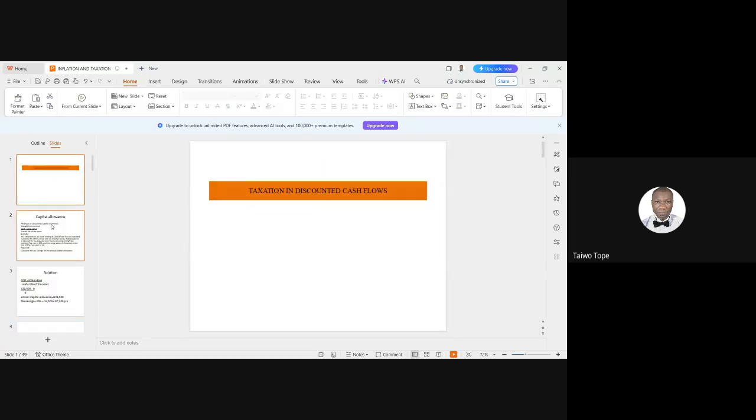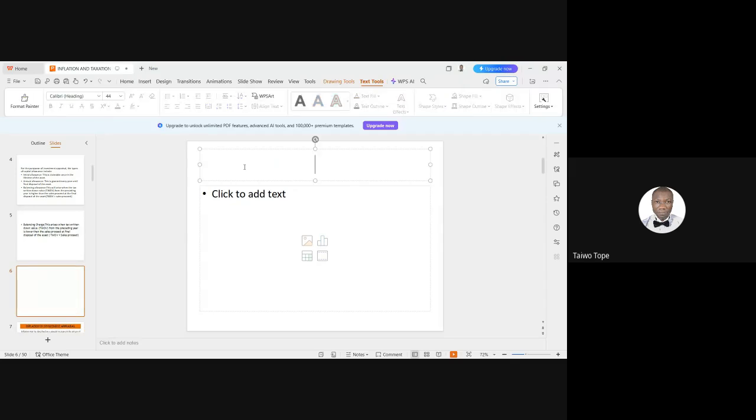Let's show this. It will make it clearer. Calculating tax savings on capital allowance.